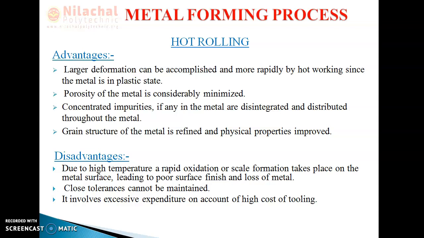It involves excessive expenditure because we have to heat the material to its recrystallization temperature, so it needs some flame to heat it, so the expenditure is more. That means it involves high cost and is also difficult to handle, so tooling cost is also more in comparison to cold rolling.